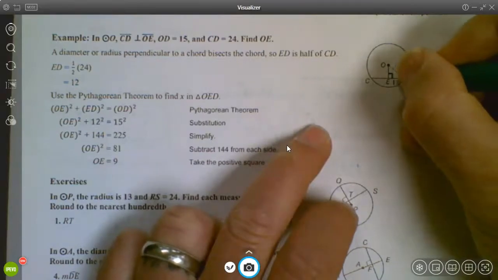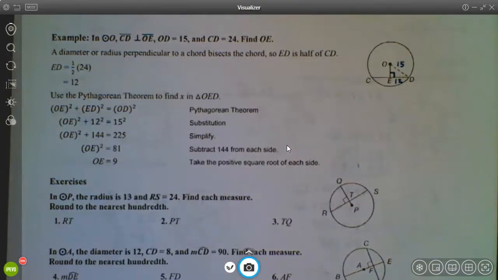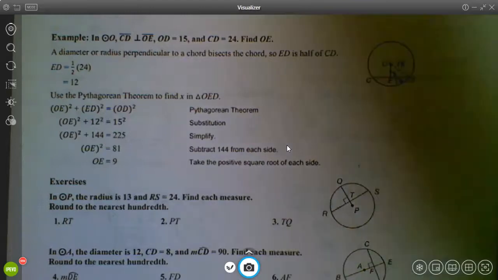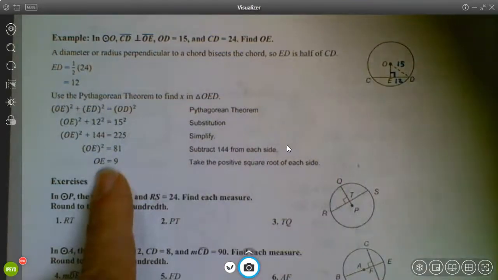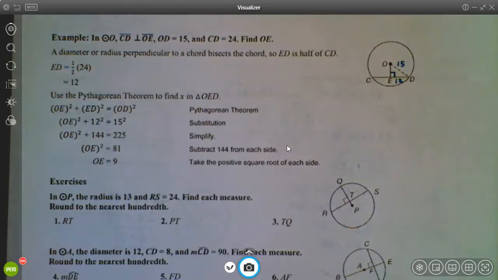So that allows me to say that information right here. Guys, obviously a big connection here is coming back to right triangles, which was such an important chapter, chapter 8. So we're back to some Pythagorean theorem in order to come up with OE, right? I'm not going to work all that out because they did that for you right here. I just wanted you to see that as an example, and how we're using basically this new rule along with some of our old rules, that we're kind of combining all those concepts together right now.